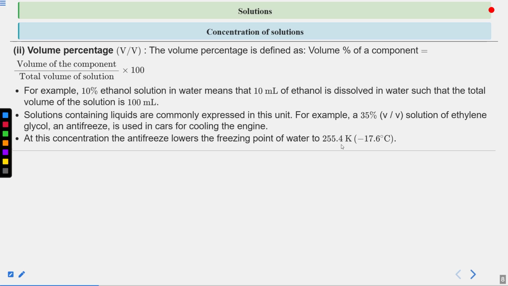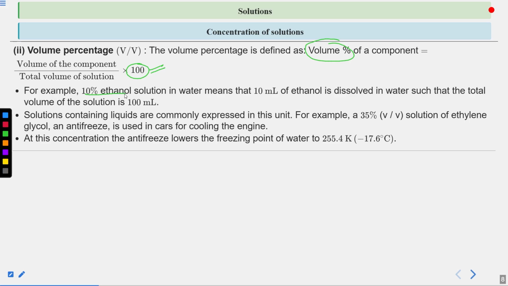Then, similar to the mass part, we have a volume part, where we take the volume of the component divided by the total volume of solution. This will give you your volume percent when multiplied by 100. Obviously, 100 is important to convert it into percentage. Now again, think of an example.